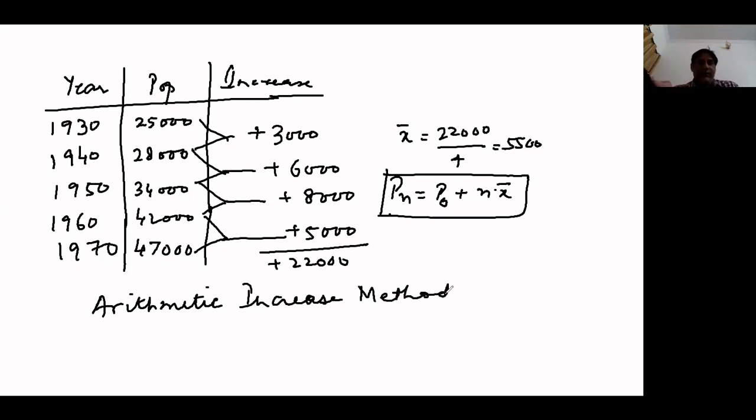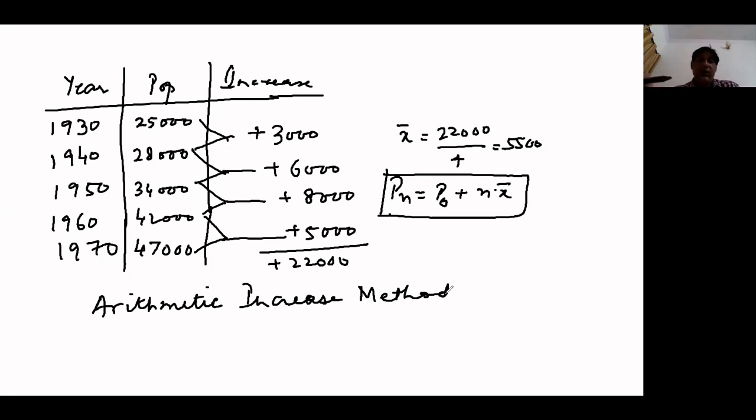As the name says, you have to find out the increase, arithmetic increase. Arithmetic increase means you have to be very cautious about the sign as well. Now the population increases plus 3,000 from 1930 to 1940. Then it increases 6,000 from 28,000 to 34,000 and so on.